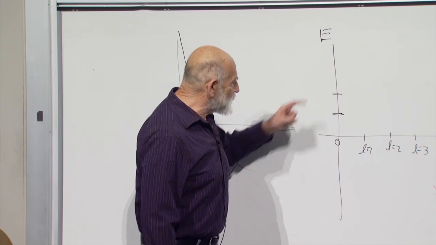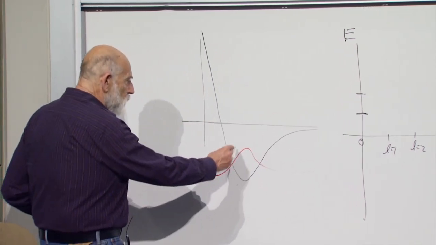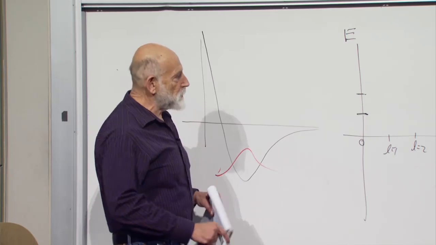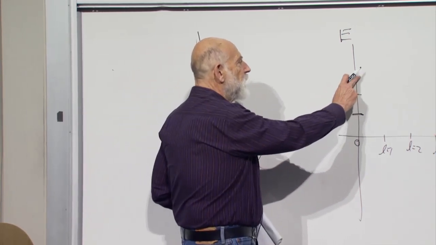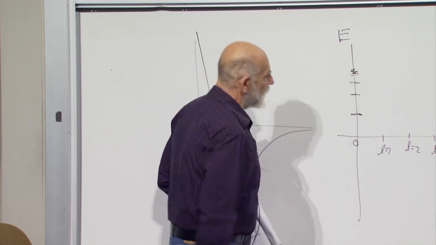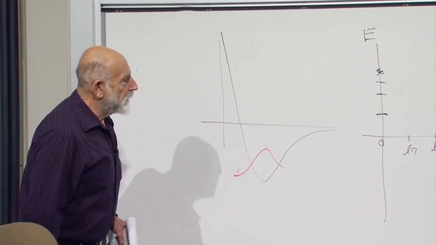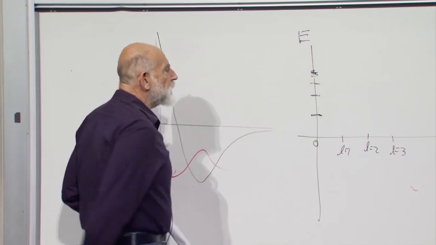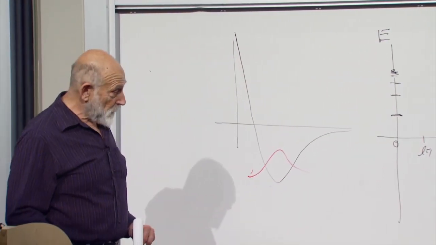So every one of the states with l equals 0, 1 node, 2 nodes, 3 nodes, and 4 nodes, they all have one state associated with them, and they're not equally spaced. They are whatever they are. Those are the energy levels with 0 angular momentum.